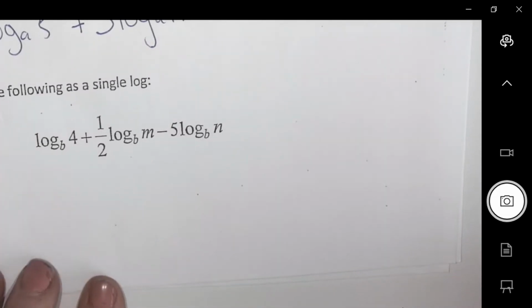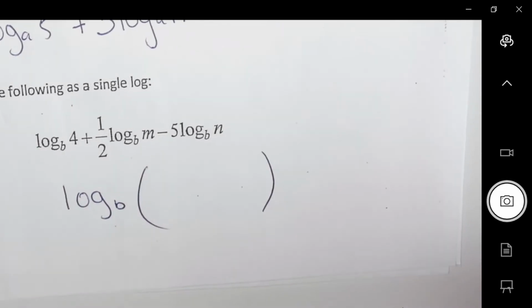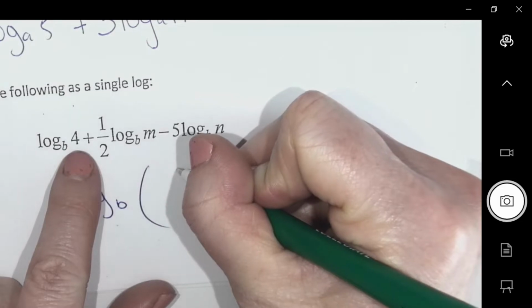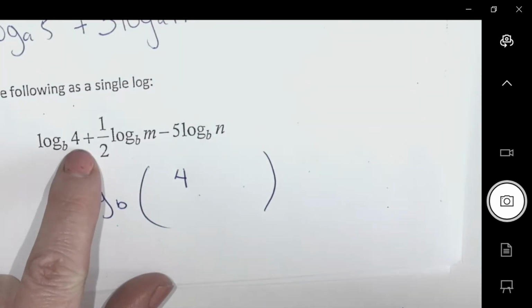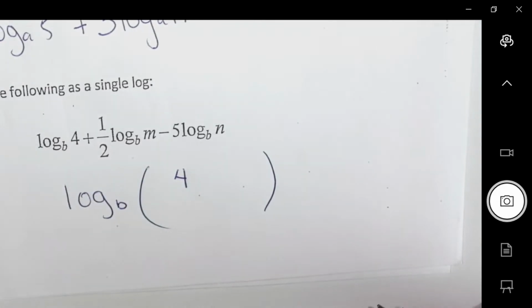Okay, put together. So log B, and tie it all together. So we have a 4. It will be on the top. Plus the M stuff is on the top.